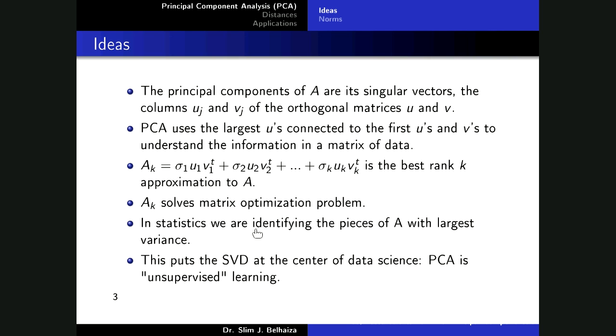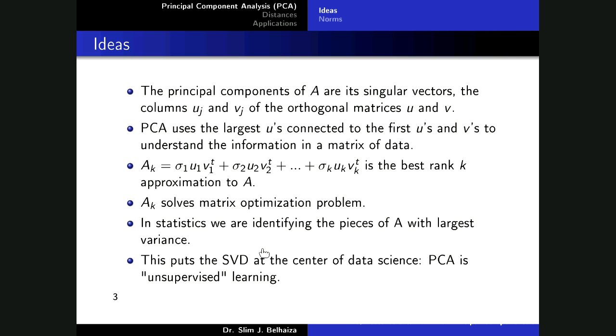For example, in statistics, I think you did at least one course of statistics. You are interested in finding the largest variance, so the largest correlation between variables. In our linear algebra approach, we try to find the largest component of a matrix that could represent the whole data.